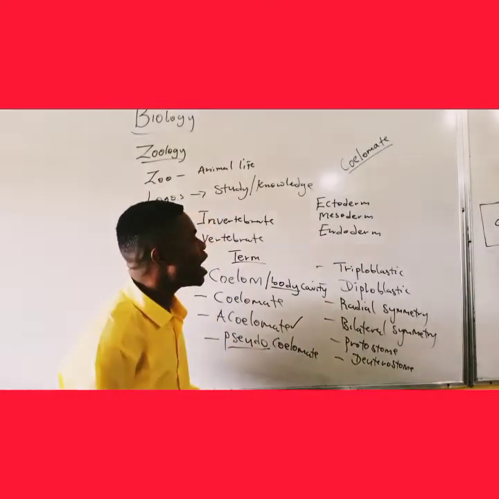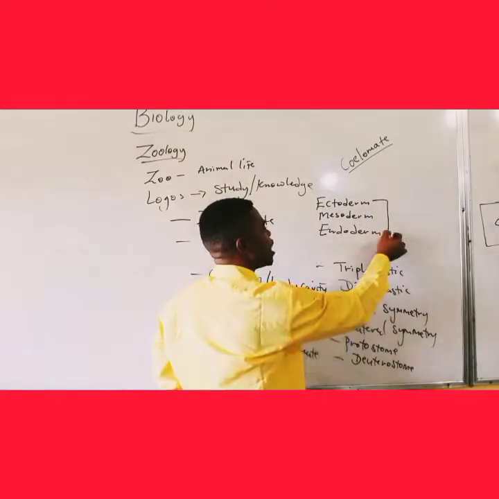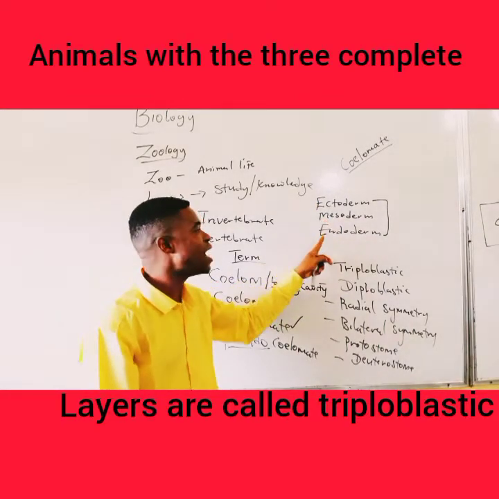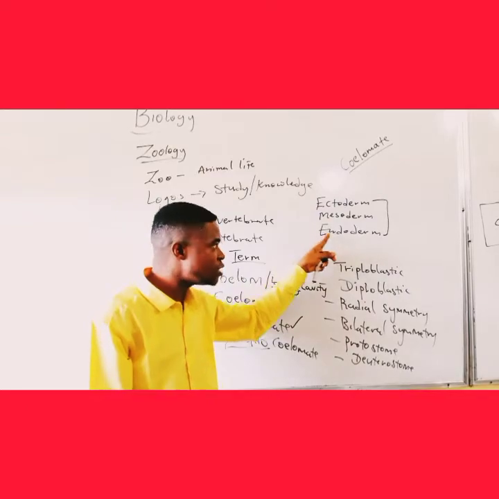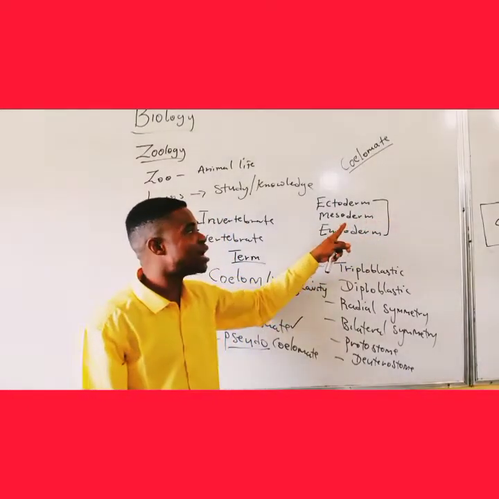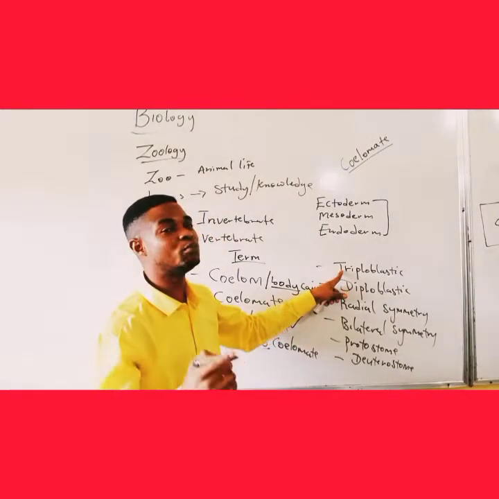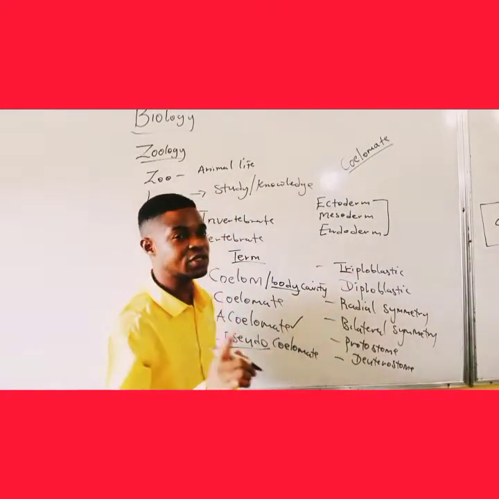Alright. Now, animals that have these three complete layers put together, that is the ectoderm, the mesoderm, as well as the endoderm, we call those animals triploblastic animals. Of course, tri means three.